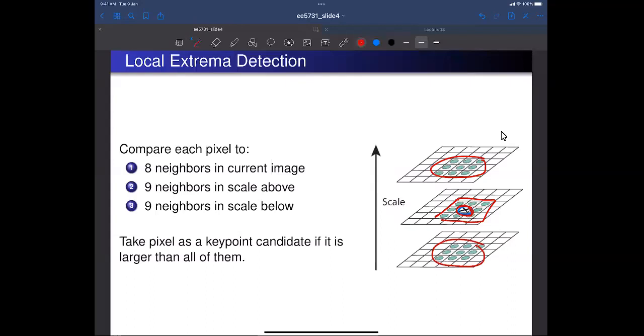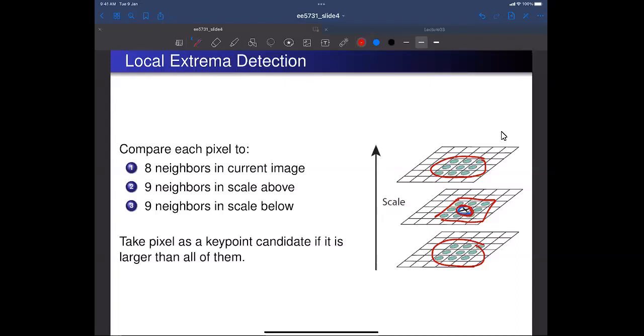Again, the extremum can be positive, the highest, or negative, the minimum. Any questions here? And if this point is an extremum, then you take it as a candidate for your key point. It's called a key point candidate.